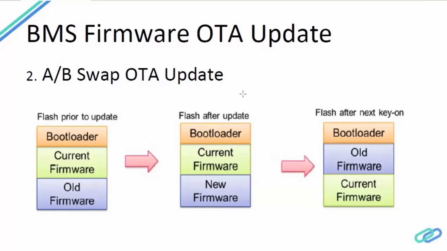In layman's language, they redirect the microcontroller from the old firmware to the new firmware, so it takes very little time. While the new firmware is being flashed, you should not wait. You just need to wait maybe 15 to 20 seconds or 1 minute while it redirects from the old firmware to the new firmware. So that is the advantage of the A by B swap OTA update.